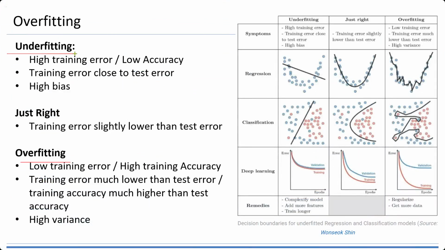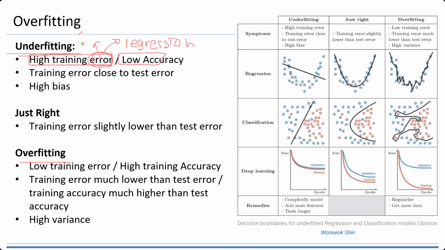Underfitting. What is underfitting? It happens when your training error is high. When the error is high, it means the accuracy is low. If you still remember in the regression, we use error.